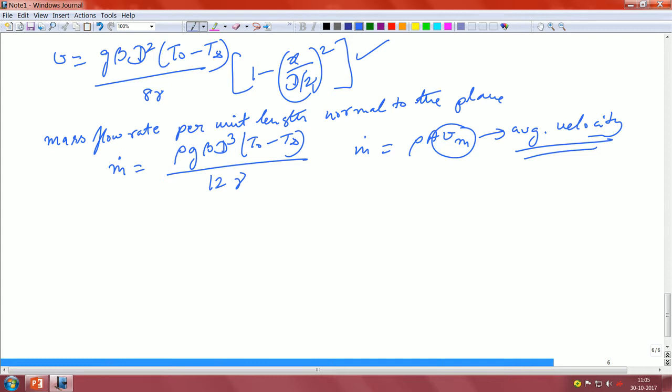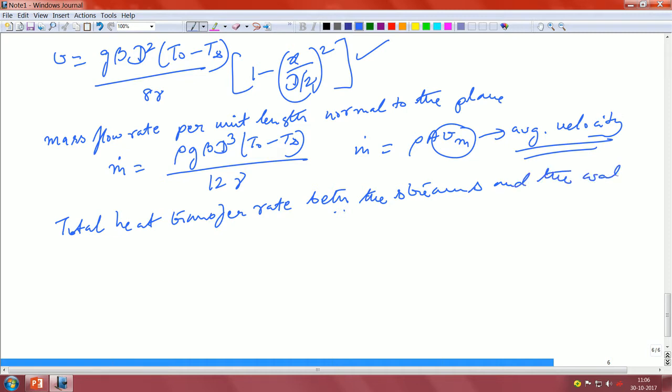Okay. So, now the total heat transfer rate between the streams and the wall, which is given as q prime, say, is m dot Cp multiplied by T naught minus T infinity, correct.